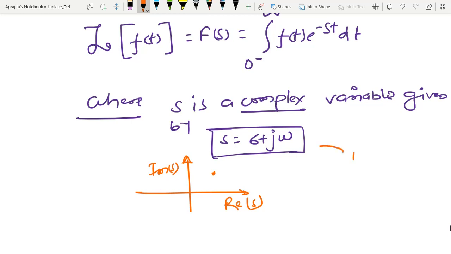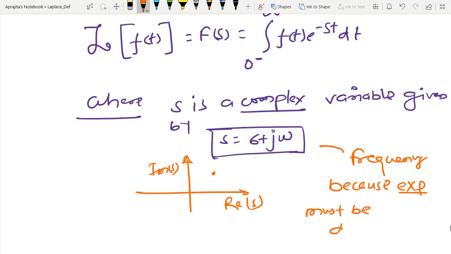So s is interpreted as a frequency, and this is because the exponential function must be dimensionless. Due to that reason, whatever integral I am going to get is converting the time domain to the frequency domain.